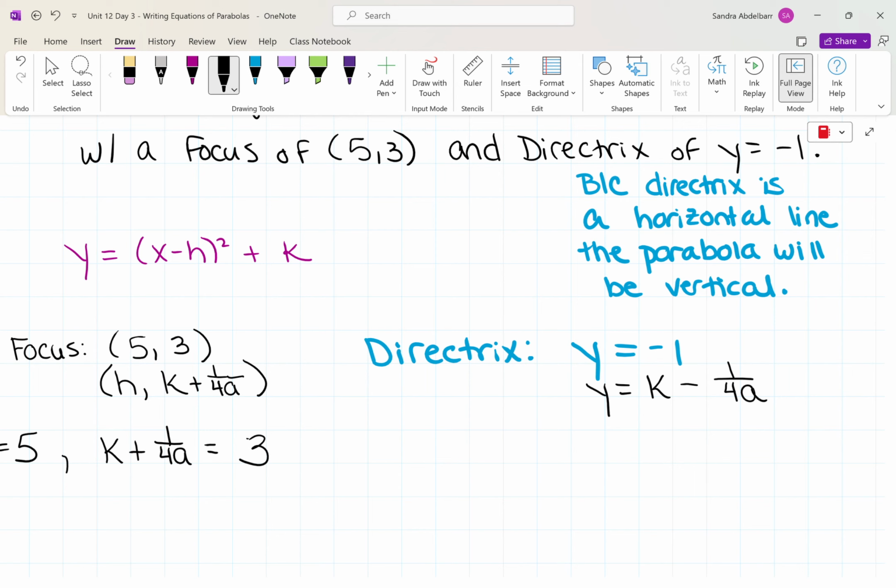Still not giving me much, right? I still only have the value of h. I don't have a k and I don't have an a. That means k minus 1 over 4a must equal -1.